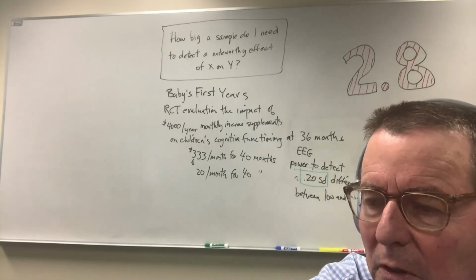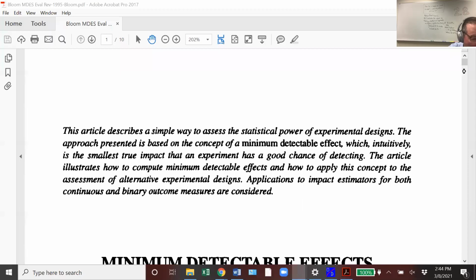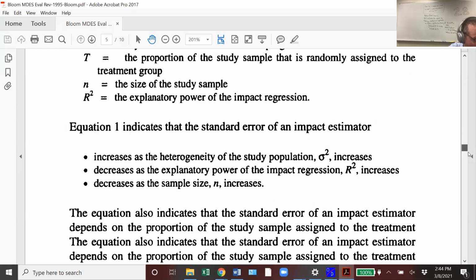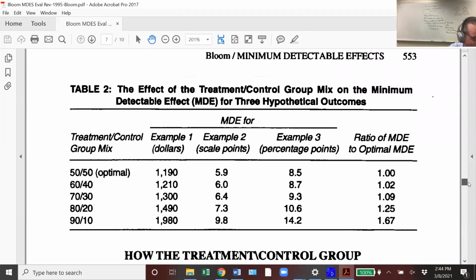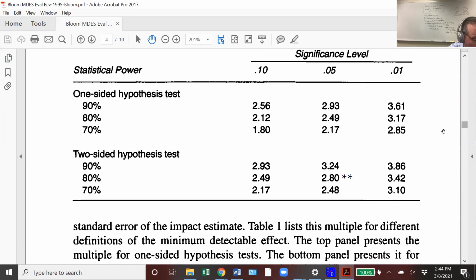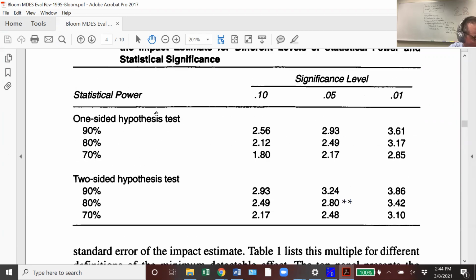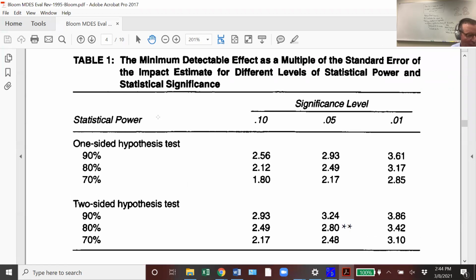All right, let me share my screen again. There's this table, table 1, minimum detectable effects as a multiple of the standard error of the impact estimate for different levels of statistical power and statistical significance.